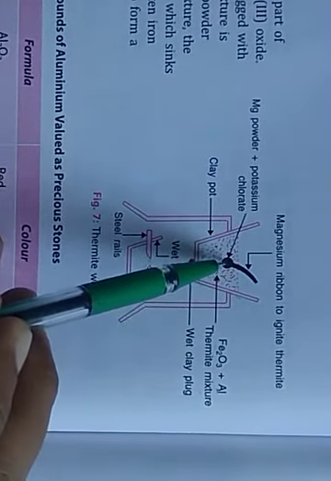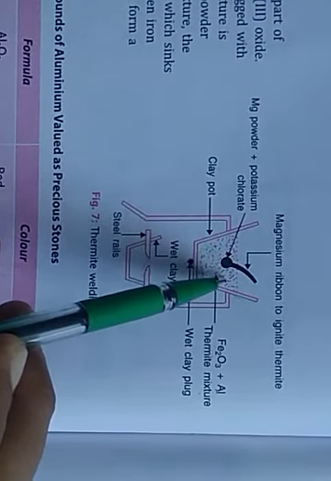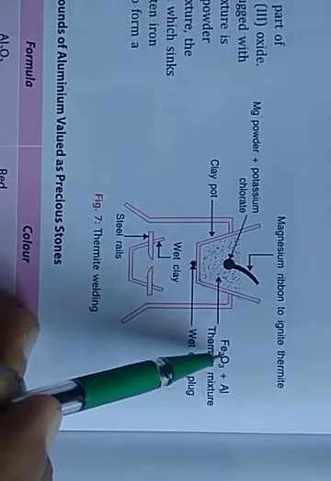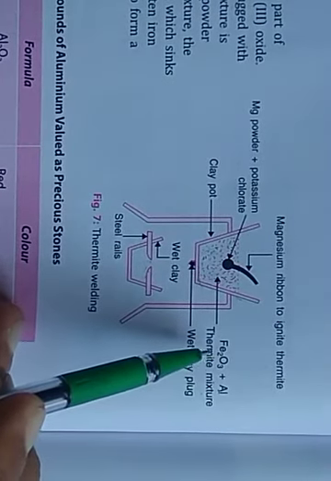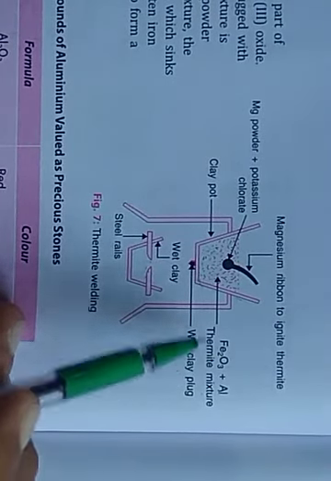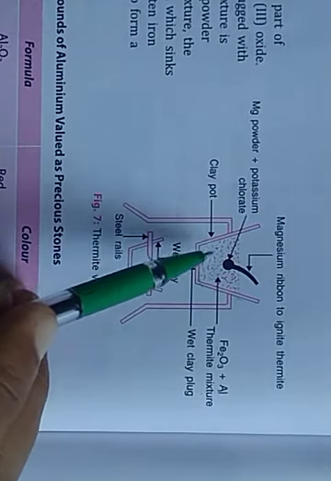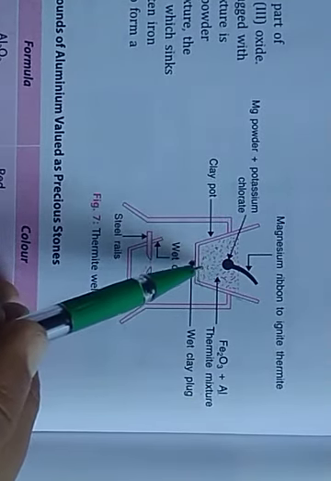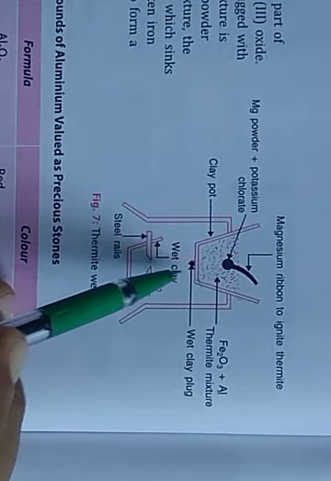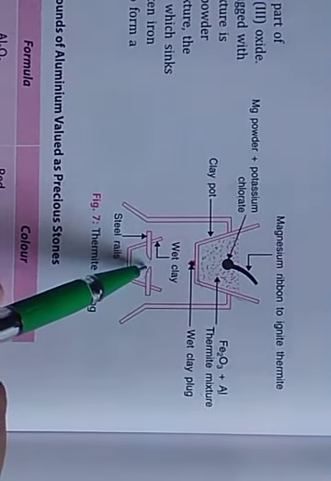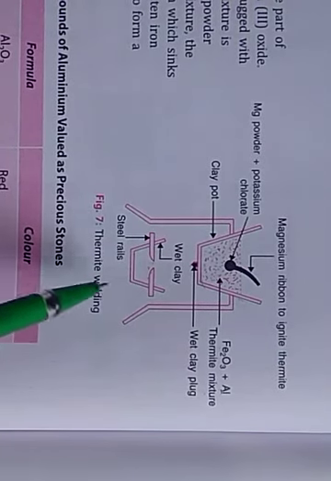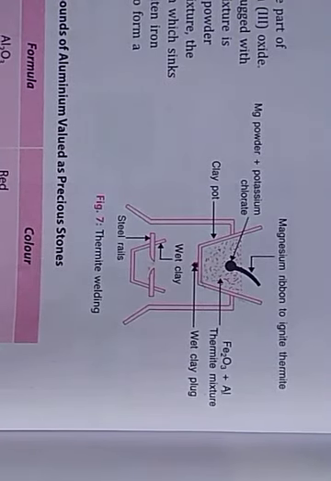After ignition, the reaction will start between the aluminium powder and the ferric oxide, and they form molten iron, and that molten iron is poured over a broken rail to form a proper weld. So this is all about thermite welding.